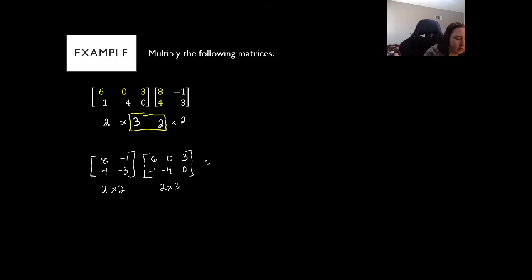Let's use the highlighter here. We've got 2 and 2 there. The inside dimensions match, and our answer is going to be the outside dimensions, 2 by 3. So we're going to end up with a 2x3 matrix, 2 rows, 3 columns.